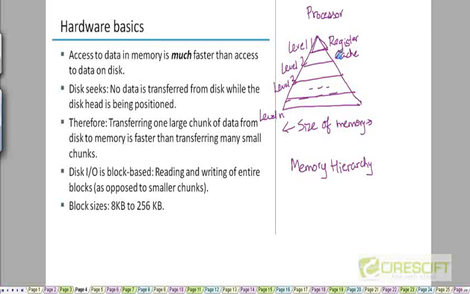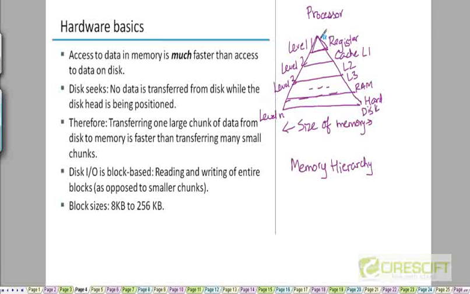You can have caches of different levels: L1 cache, L2 cache, L3 cache, and so on. And then somewhere after that comes main memory or RAM. And then at the bottommost level, we generally tend to think of disk storage, the hard disk.